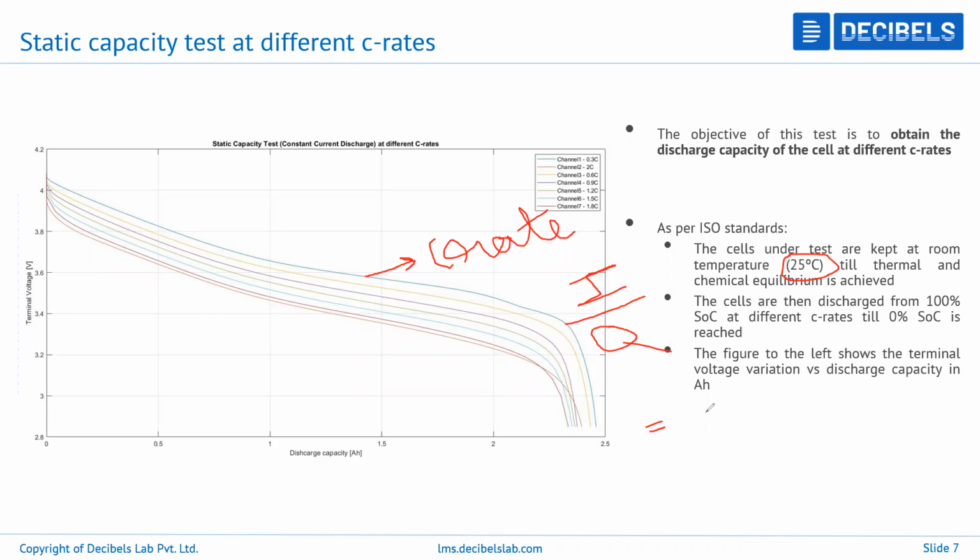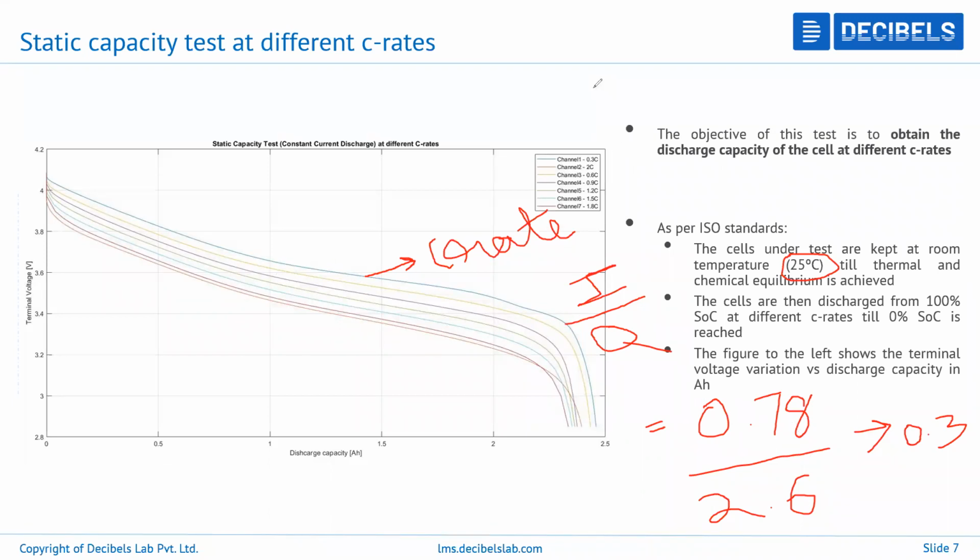So if I take a current of 0.78 amps, and then divide it by the capacity of the cell, that's 2.6 amp hours, I would then get the C rate. That would give me roughly 0.3 C. So that means a current of 0.78 amps is continuously discharged from the cell.